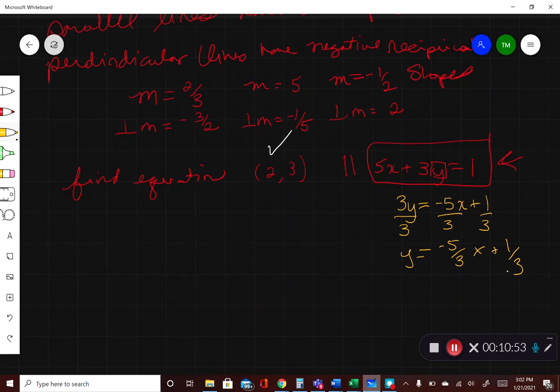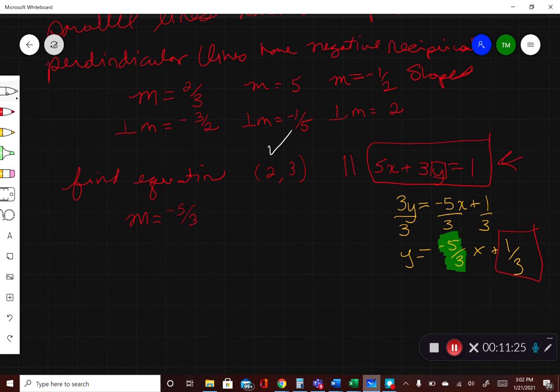Now it's really important for me to emphasize to you that the only number we care about from this equation is the slope. So many times people want to jump in and use this number, but that number is not necessarily related to the equation we're looking for. The only way our two equations are connected is that they're parallel, which means they have the same slope. So now I have the slope for the line I'm looking for, negative 5/3.